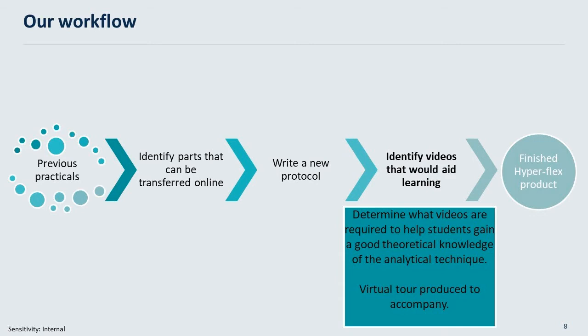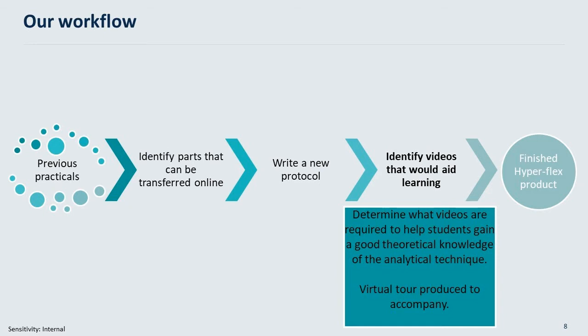So we decided to stick with a variety of media, one being 360 imagery, basic images, 360 video, and amalgamate that into what we have created as a virtual tour of a laboratory, adding hotspots onto the virtual tour to help them and encompass it into one product.